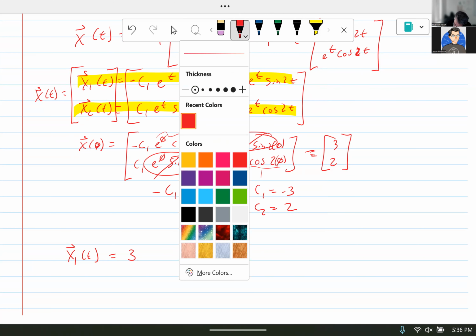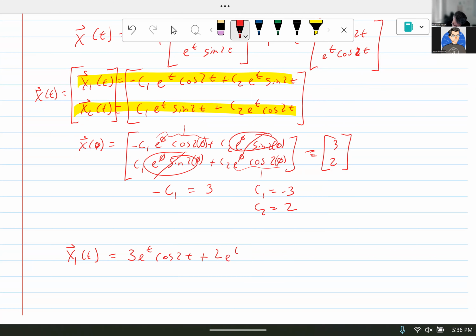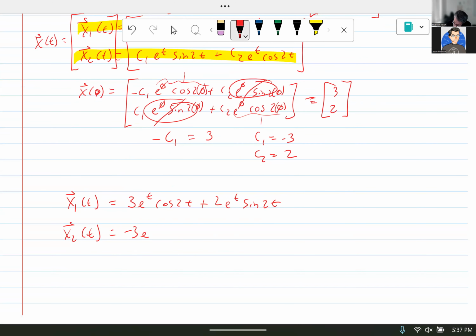So this is 3 e to the t cosine 2t plus 2 e to the t sine 2t. Nice. And then x2 is negative 3 e to the t sine 2t plus 2 e to the t cosine 2t. And that's my particular solution.